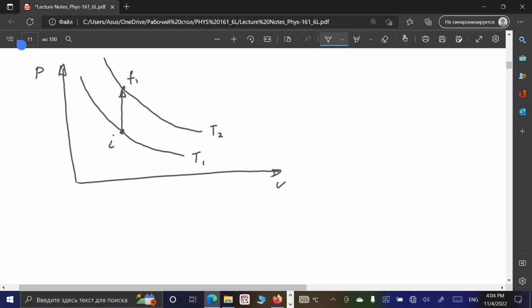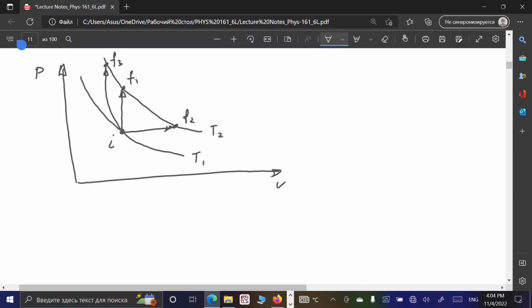Then we consider another process at constant pressure. It will be F2. And some adiabatic process, it will be some F3. We will come to this.